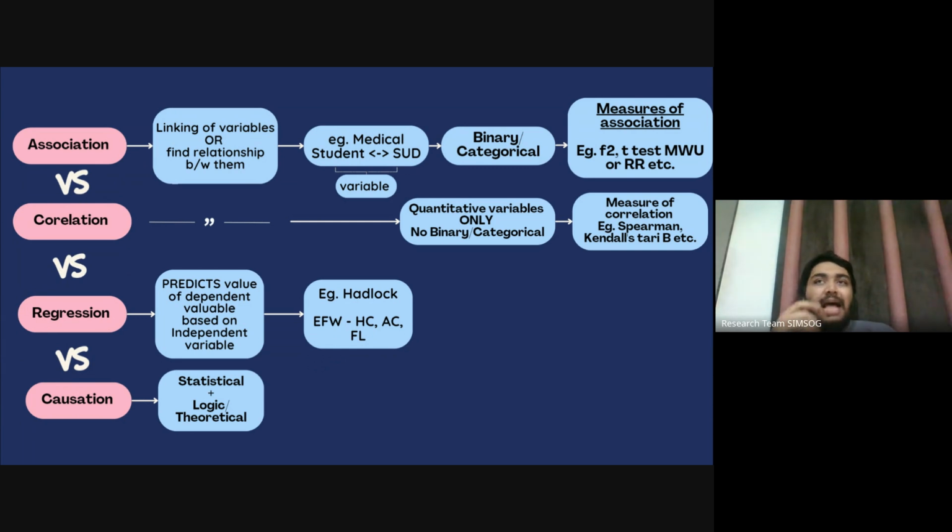So what we do is called a regression analysis.